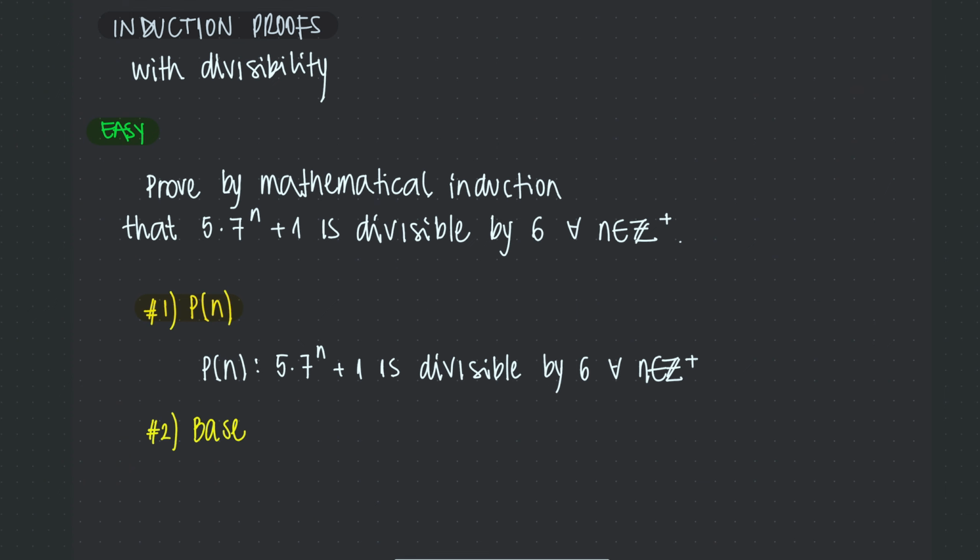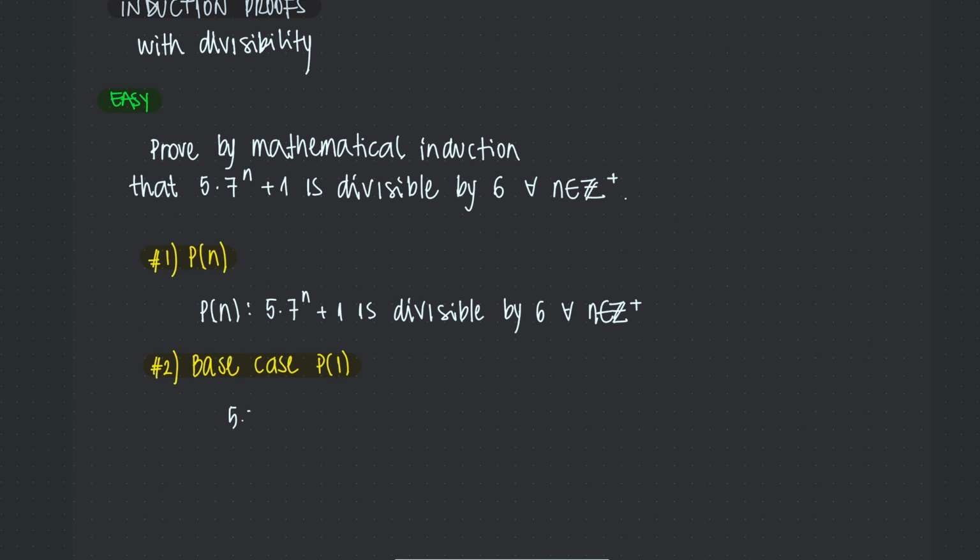We want to prove that 5 times 7 to the n plus 1 is divisible by 6. We're going to test it out using the first positive integer, which is 1, to check whether we can prove the base case. And of course, as always, we'll be able to prove it. So we have 5 times 7 to the 1 plus 1, which is the same as 35 plus 1, 36, which is equal to 6 times 6.